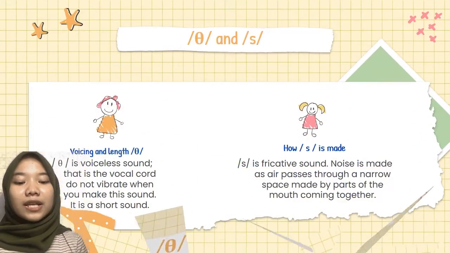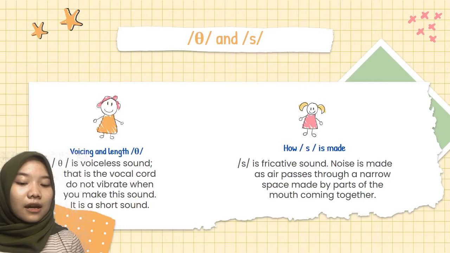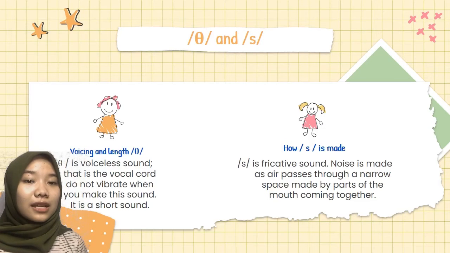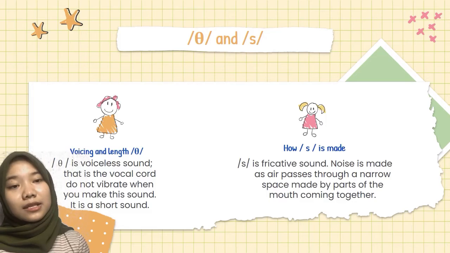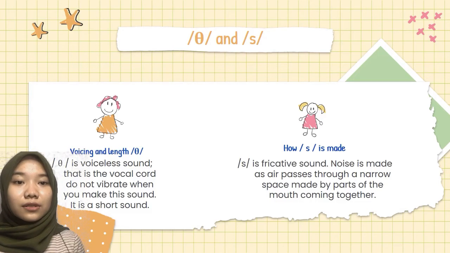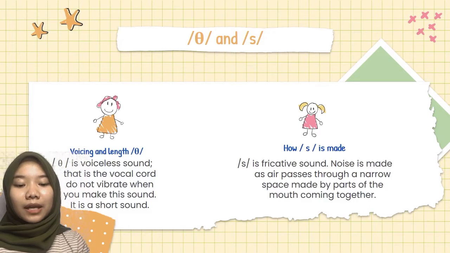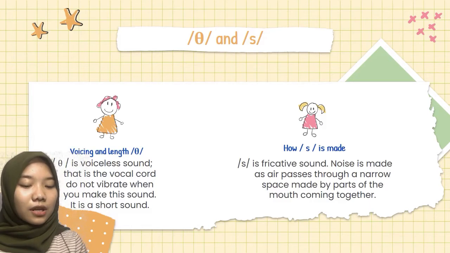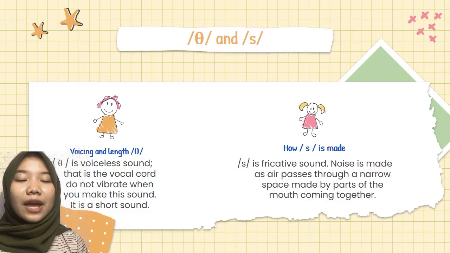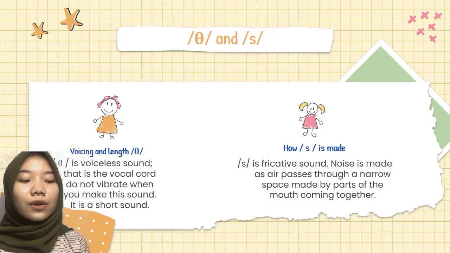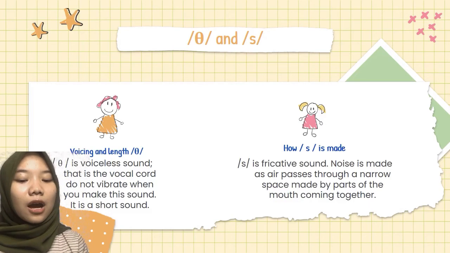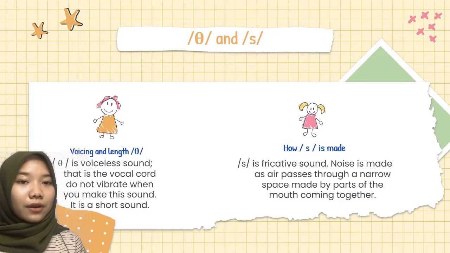Okay, voicing and length. Th is a voiceless sound, that is, the vocal cords do not vibrate. When you make this sound, it is a short sound. How th is made? Th is a fricative sound. Noise is made as air passes through a narrow space made by parts of the mouth coming together.